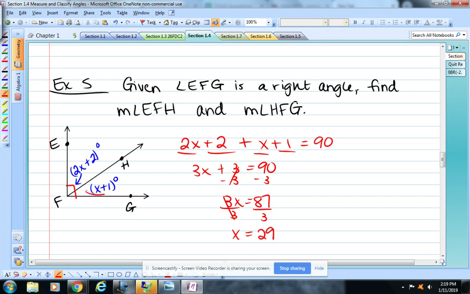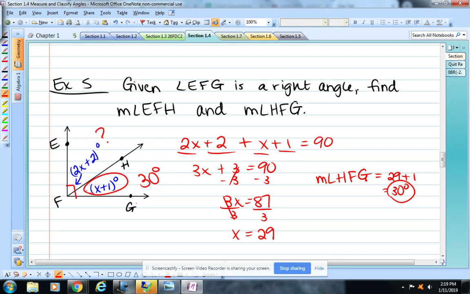I'm gonna plug it into that one because that one looks really easy. And that's HFG, isn't it? What's 29 plus 1? 30 degrees. Okay, y'all, if this one's 30 degrees, how can we get this one?